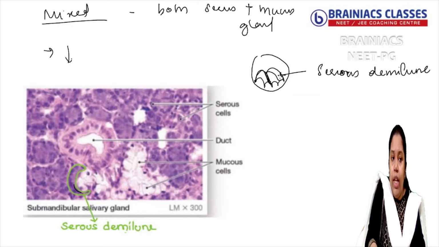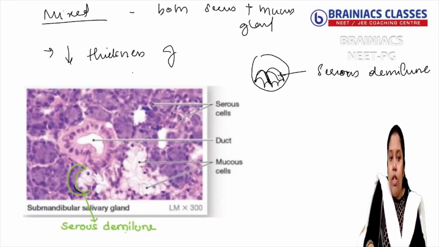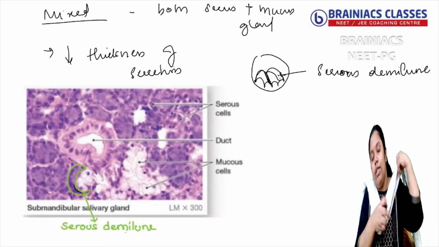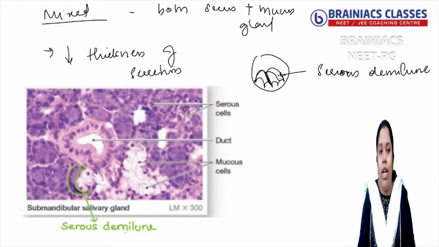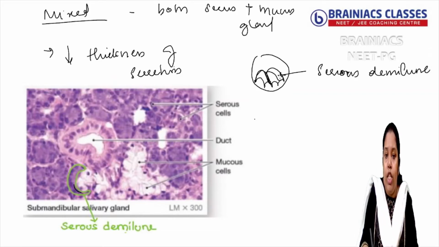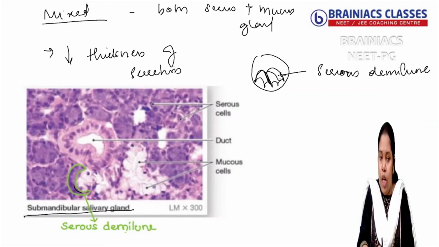This is to decrease the thickness of secretion, because we know the mucus secretions are very thick. If the mucus secretions are mixed with the thin serous secretion, then the thickness of secretions will be reduced. The serous demilunes are seen in the submandibular salivary gland. So this is about the classification based on their secretion.